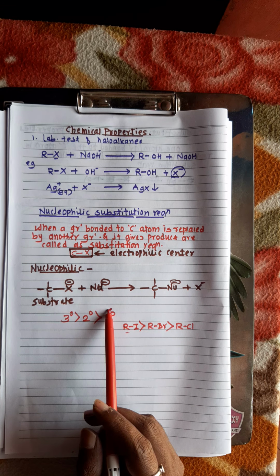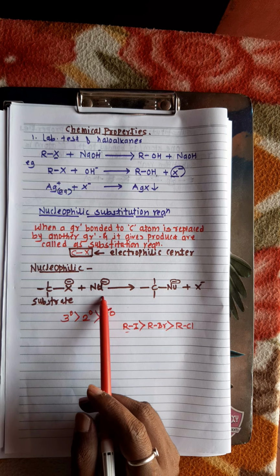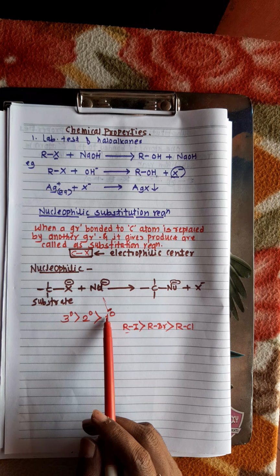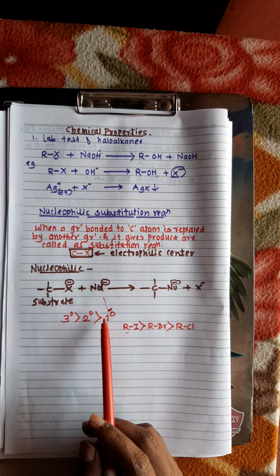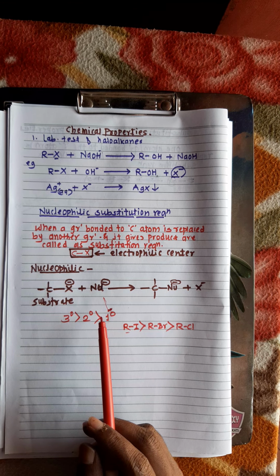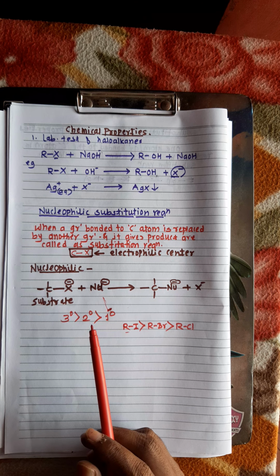When alkyl halide is treated with excess of alcoholic ammonia, it gives primary amines. These are different nucleophiles which react with alkyl halide and give the corresponding products.